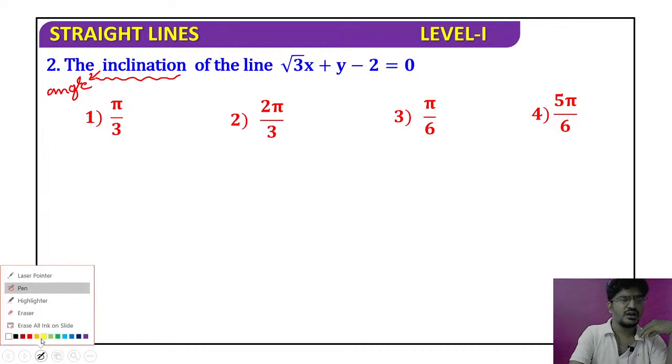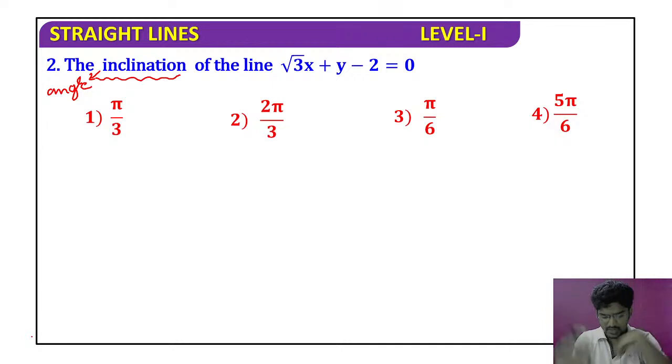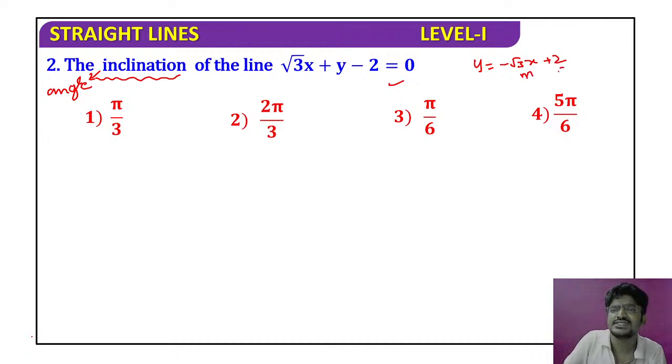You just convert this line to y equal to mx plus c. You convert this line to y equal to minus root 3x, again you can write plus 2. So this is m and this is c. So here m is equal to minus root 3.